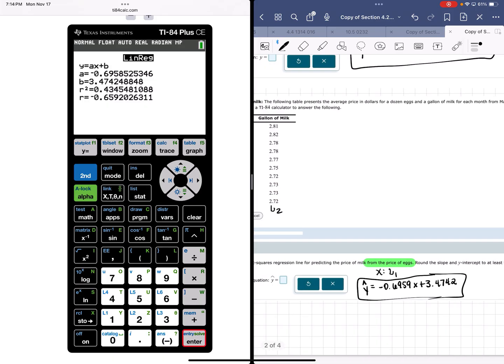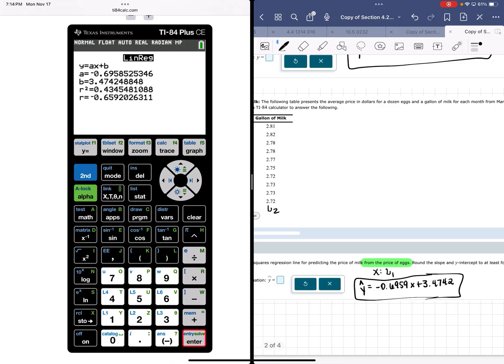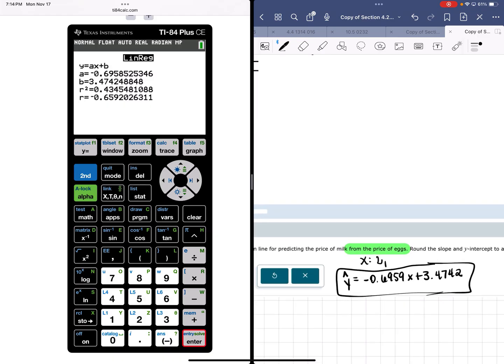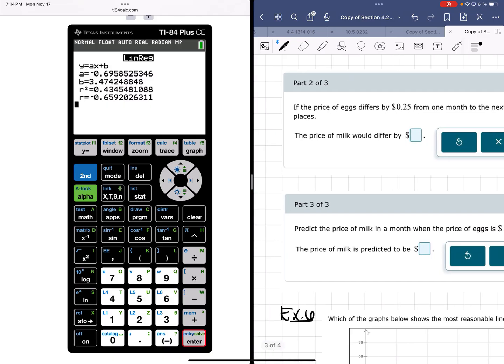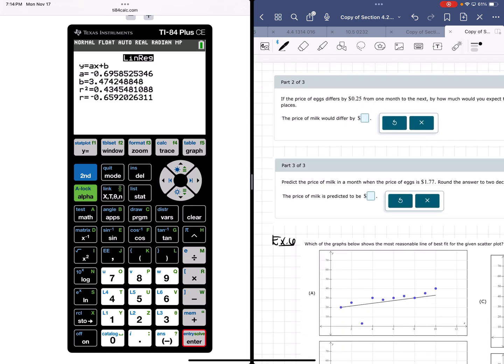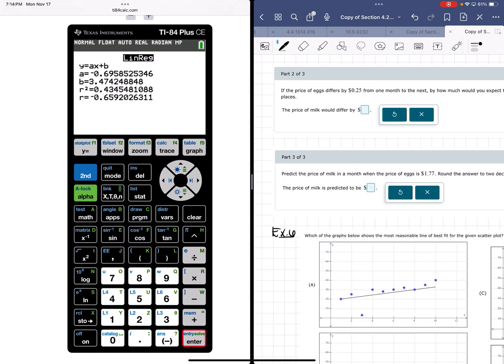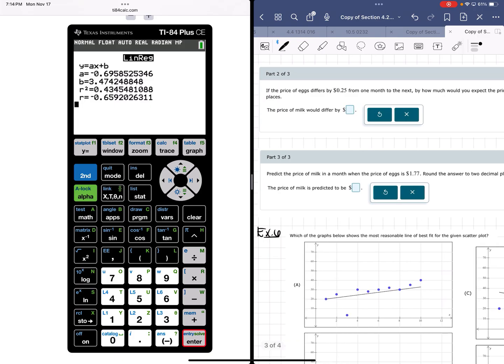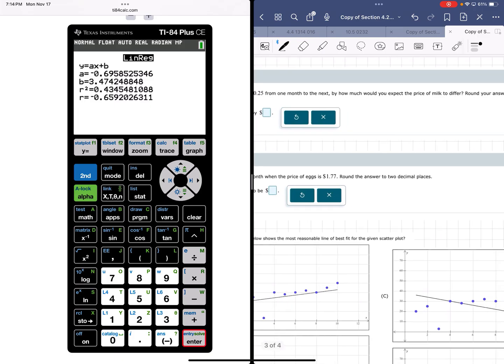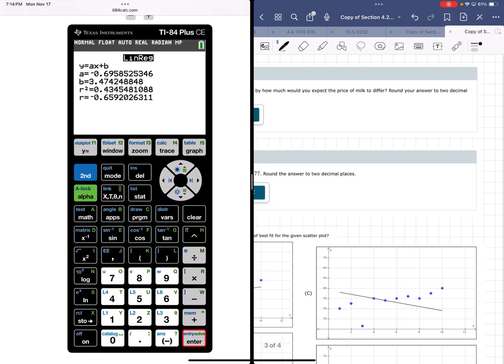Okay. That's part 1. Part 2, you're going to use that equation that you have right there. And it says if the price of eggs differs by 25 cents from one month to the next, by how much would you expect the price of milk to differ?